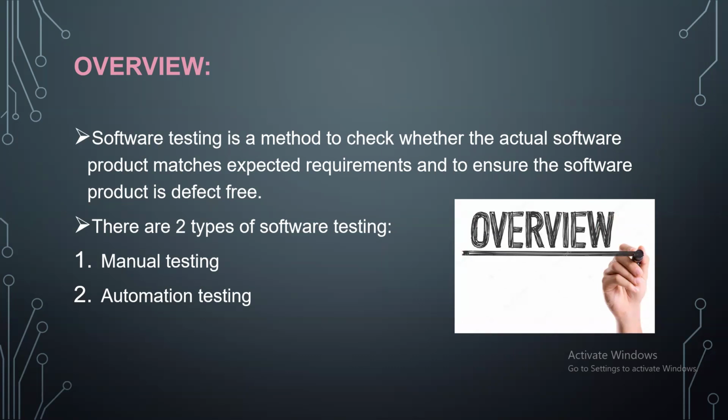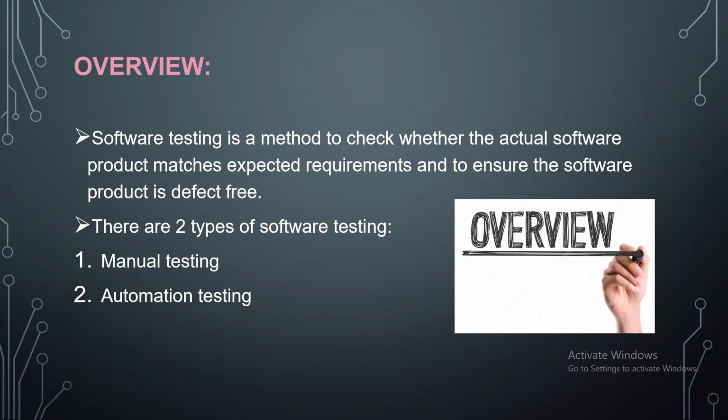So what is this meaning? Our ultimate goal is to check whether the software is defect-free. And the second thing to remember is that expected requirements meet the actual requirements.